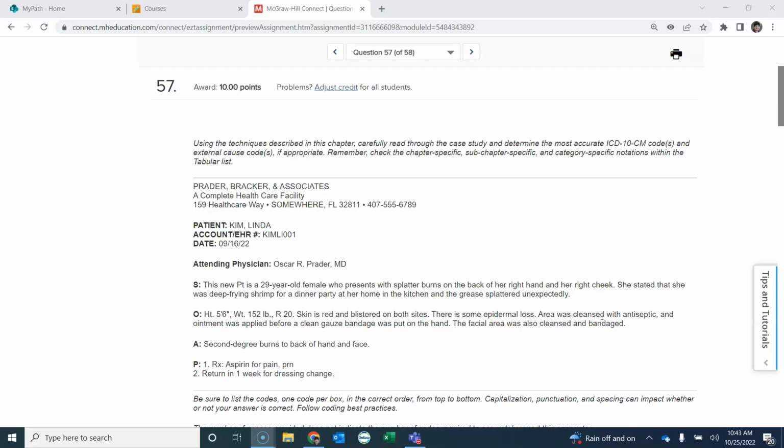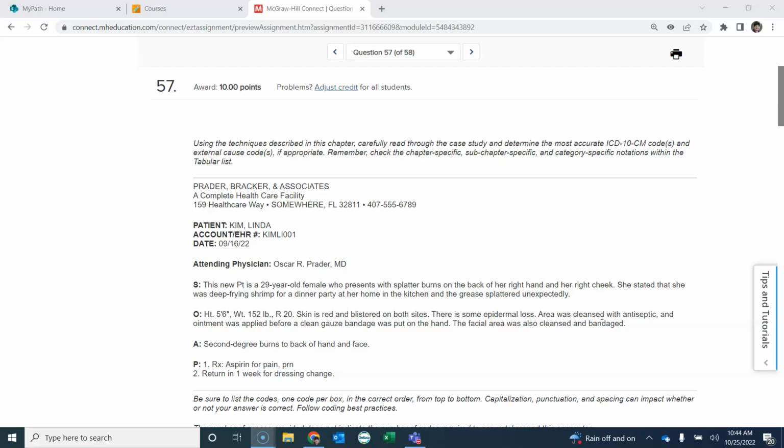So T20.26. And you'll see it says burn of second degree of forehead and cheek. We got to have 7 characters. Okay. So we go back to T20.